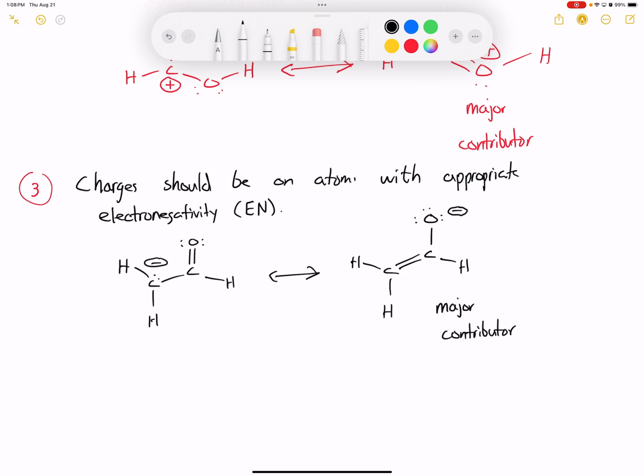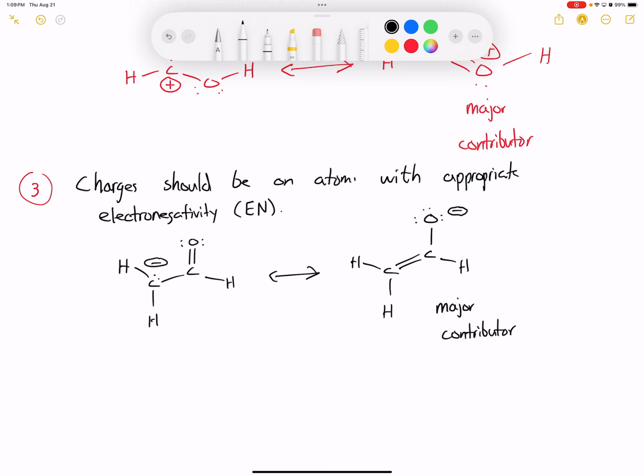I have a question. When you say major contributor, are you saying the whole molecule itself, or is there an element within that? Oh no, this structure is the major resonance structure for the whole compound. Remember, what's actually the real picture is the hybrid. But when we say major contributor, it's telling us that this structure makes up a majority of the actual Lewis structure.